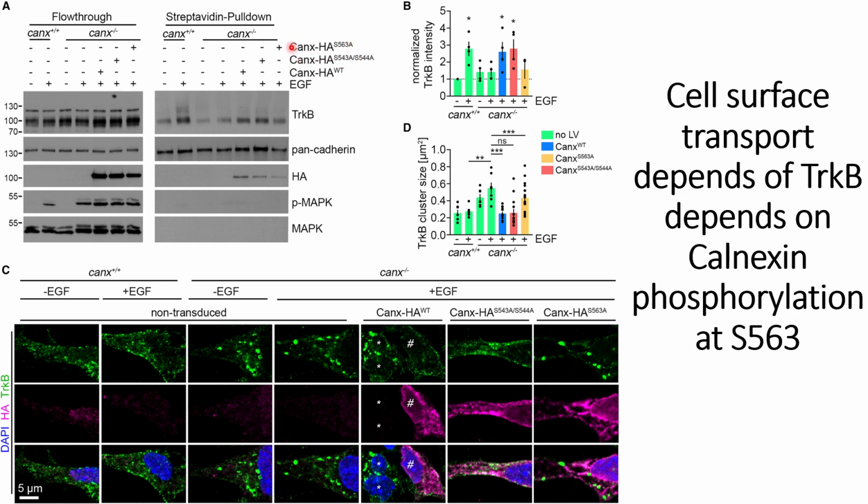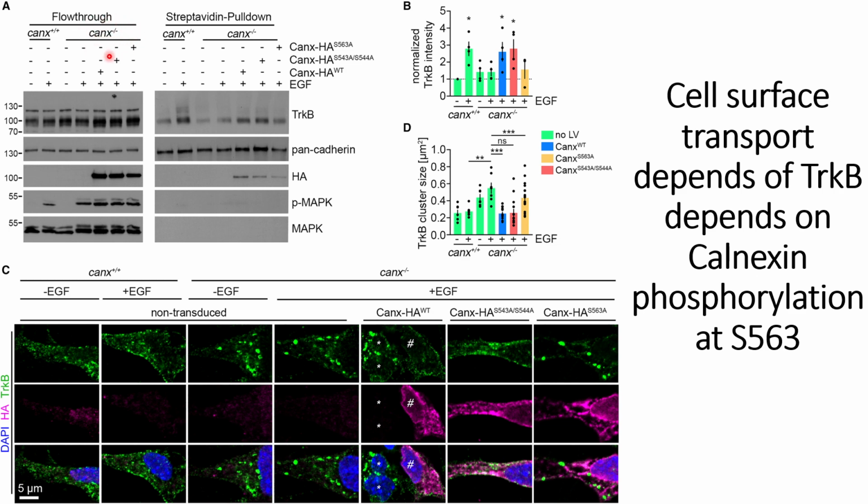And there is another Calnexin construct where serine 563 has been mutated with alanine, and this corresponds to the MAPK kinase phosphorylation site.